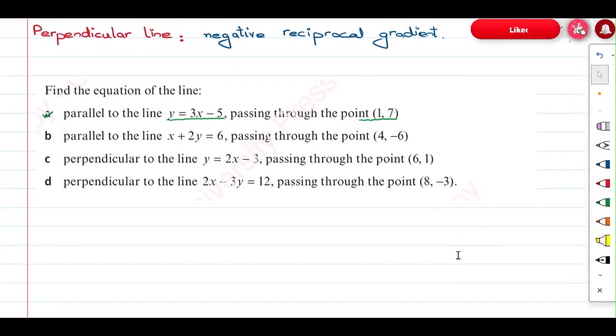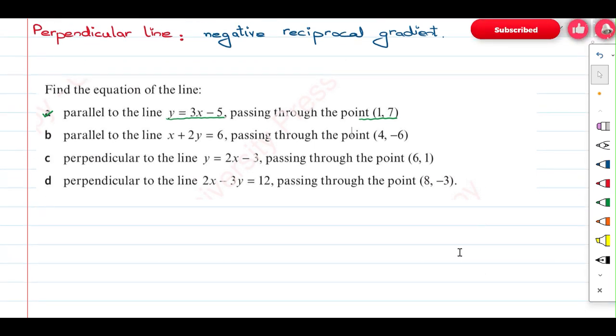So we need to figure out the equation of a line. Basically, for the equation of a line we need the gradient and a point. We have the point, so how do we get the gradient? For part A, we know that for parallel lines, we have the same gradient. What do I mean by the term same gradient?